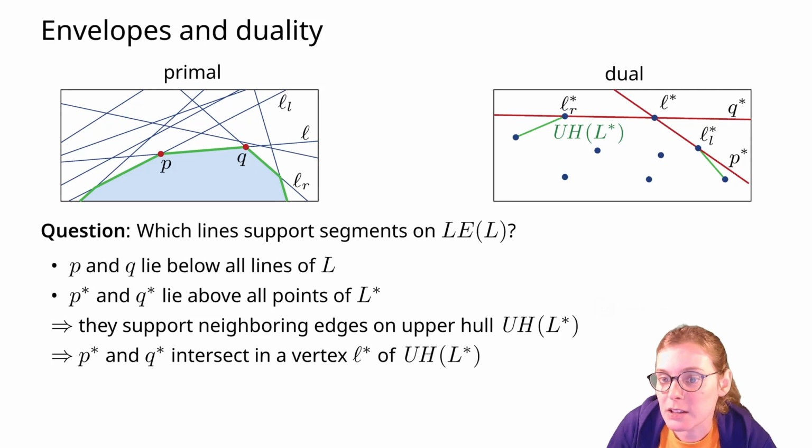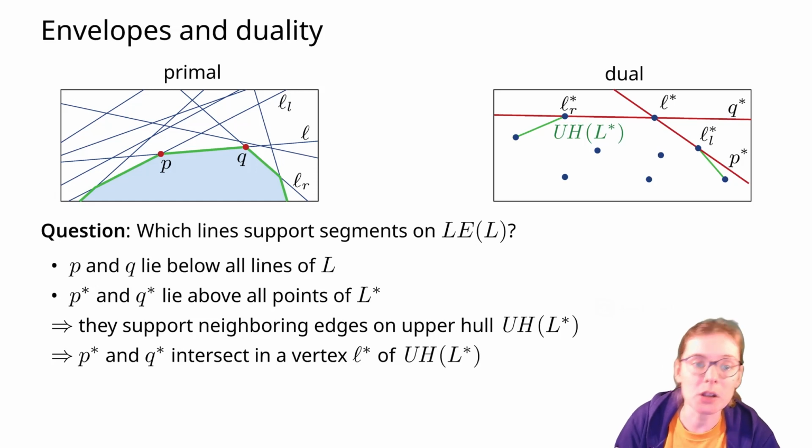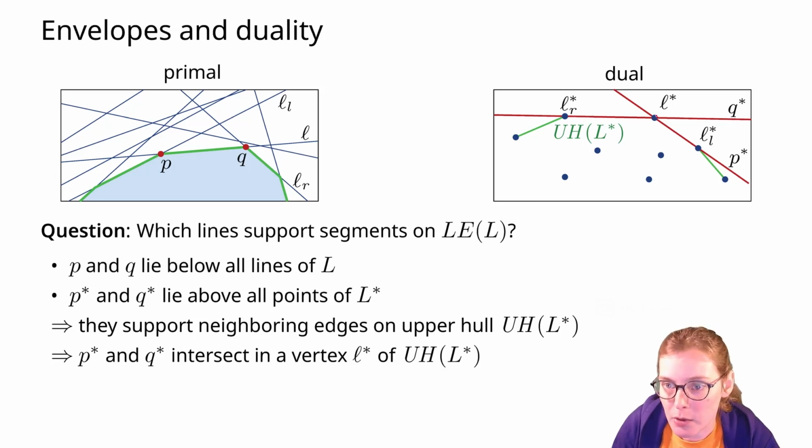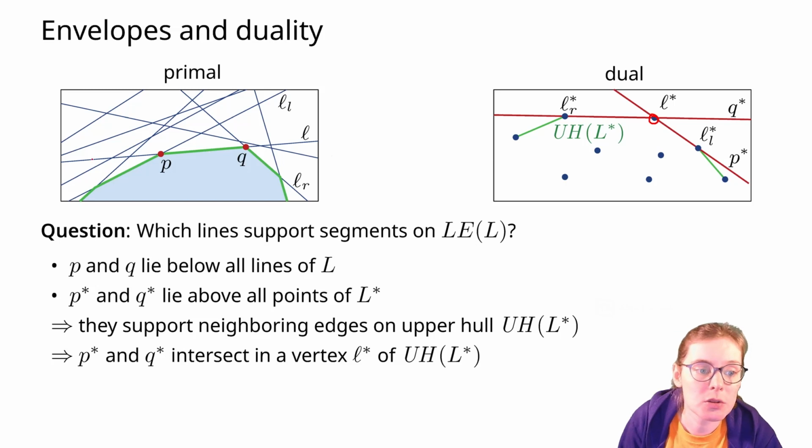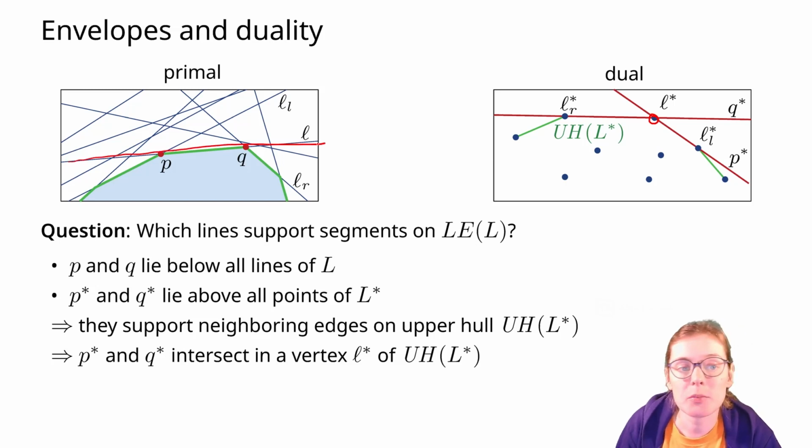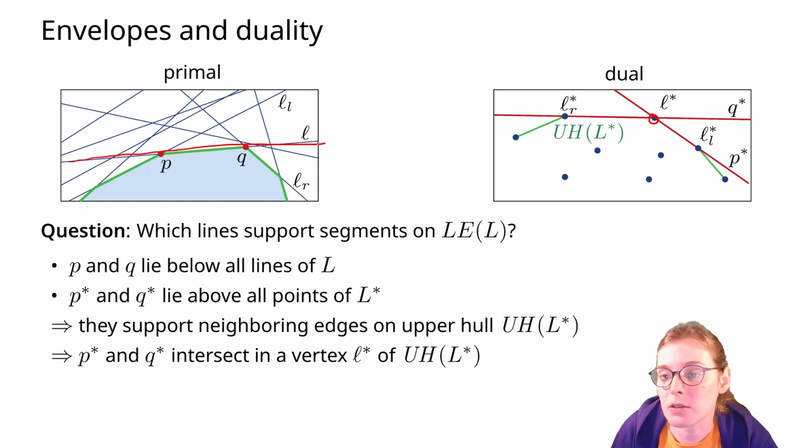And in particular, they define the edges of the upper hull of the set of points that are dual to the set of lines in the primal plane. The vertex of the upper hull, L star, corresponds to the line L in the primal plane that passes through the points P and Q.